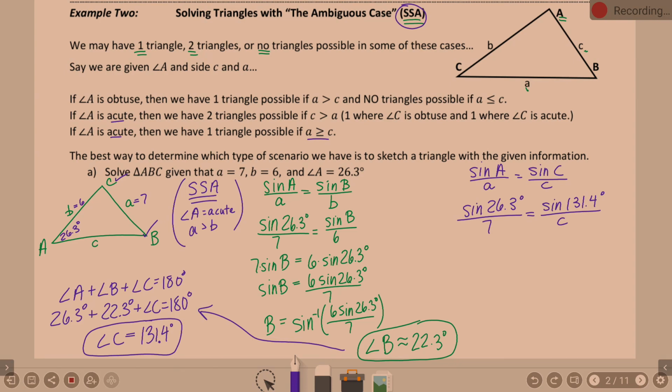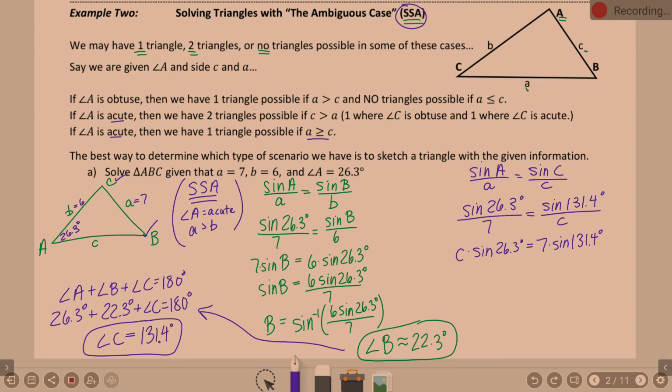Do you have to show exactly all the steps I'm showing? Not necessarily, but a little bit of steps is helpful so we don't make careless mistakes, and that way I can see a careless mistake on the test. So cross products are C times the sine of 26.3 degrees equals 7 times the sine of 131.4 degrees.